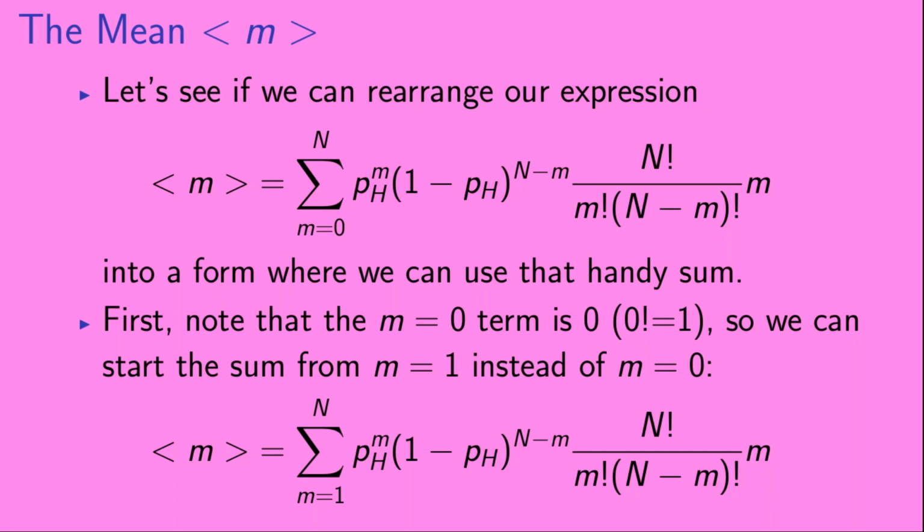Remember that 0 factorial is equal to 1. So we can start the sum from m equals 1 instead of m equals 0. So here we rewrite our expression for the mean value of m, except that now the sum goes over m from 1 to n instead of from 0 to n.